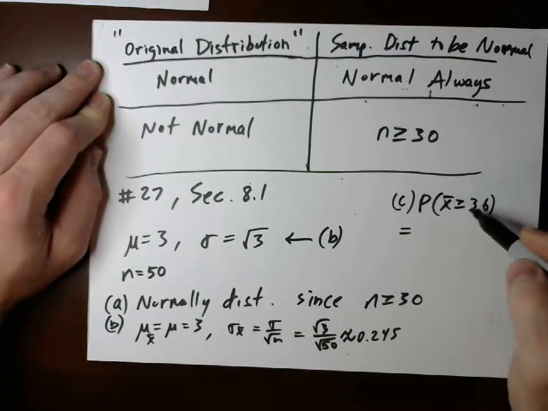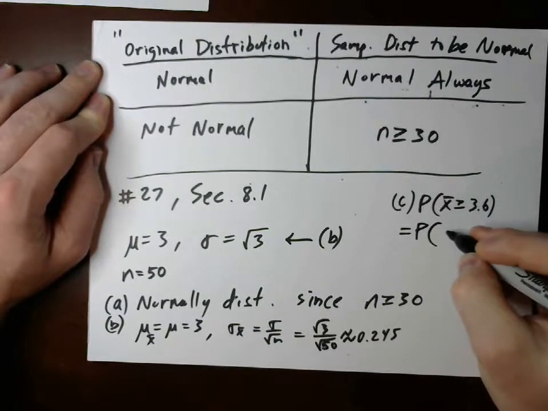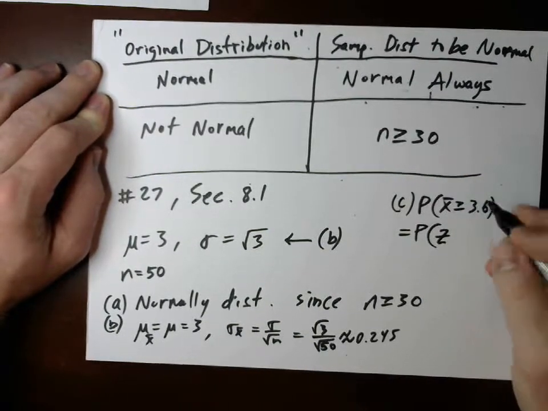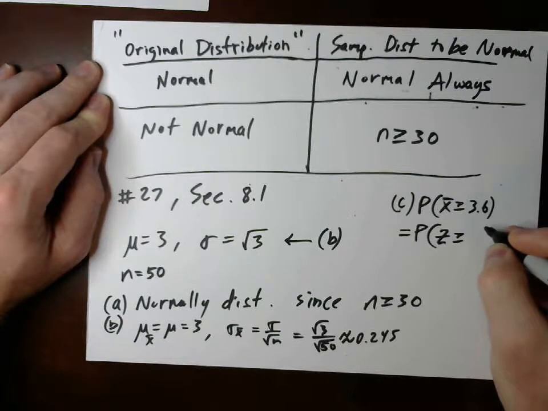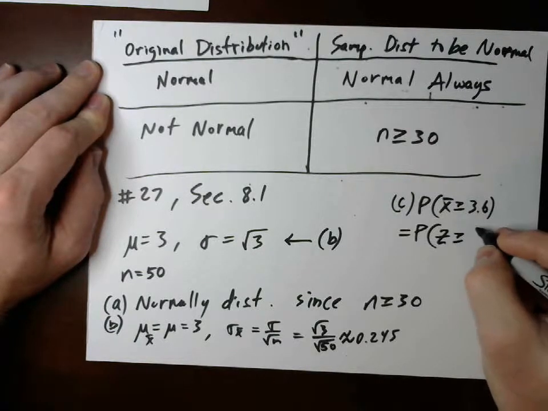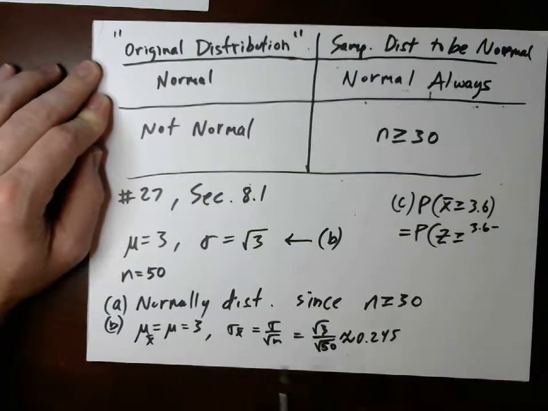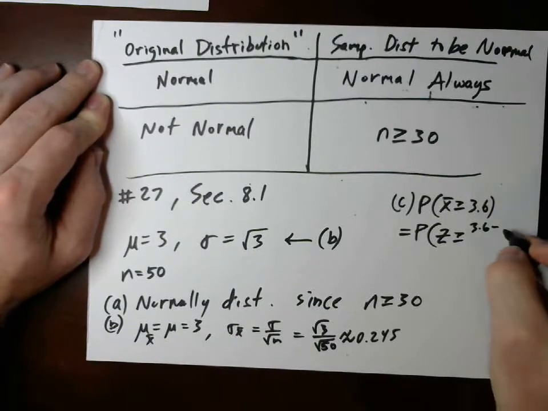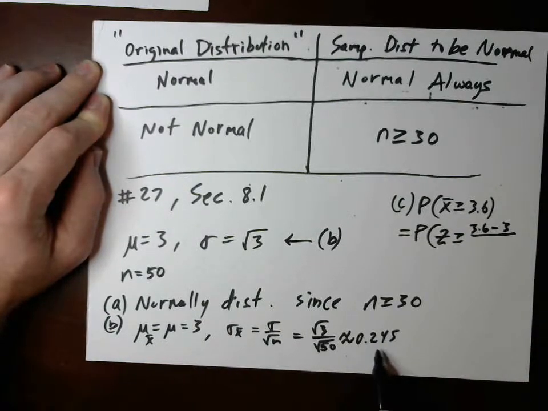So we can turn the probability that X bar is greater than or equal to 3.6 into the probability that z is greater than or equal to, now you remember the z-score equation for a sampling distribution, 3.6 minus the mean. We know that the mean is 3, divided by the standard deviation of our sampling distribution, 0.245.